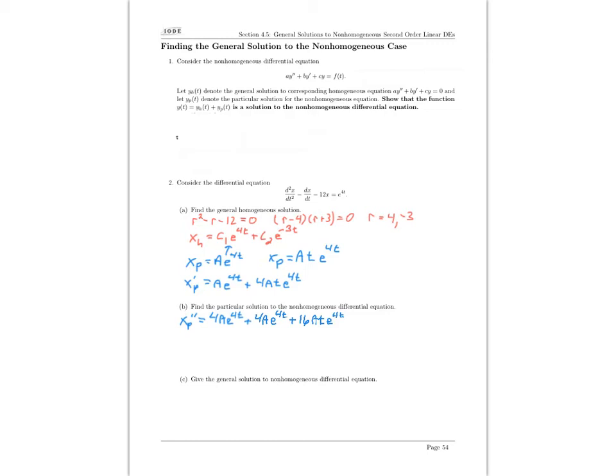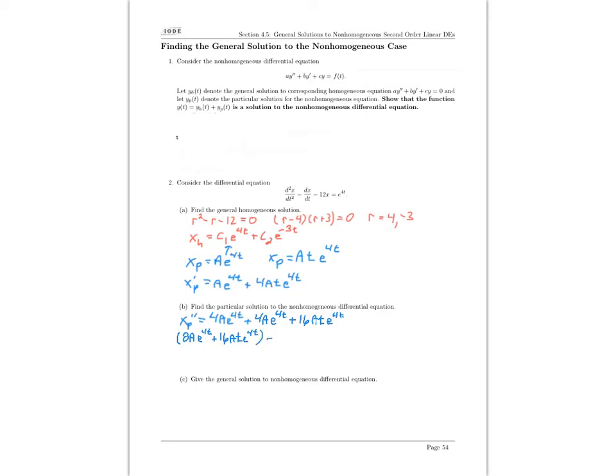So for the second derivative, I can combine the 4a terms and get 8a e to the 4t plus 16at e to the 4t.